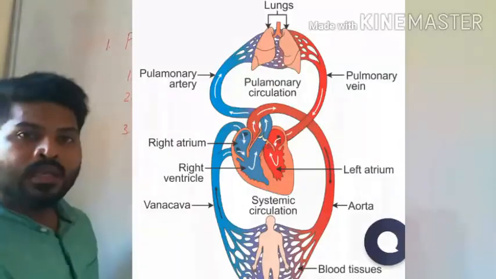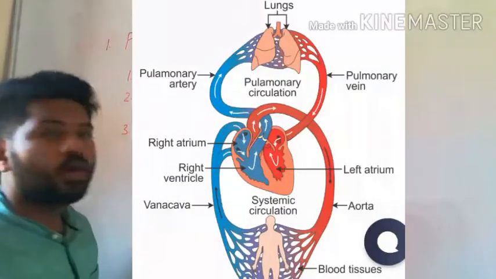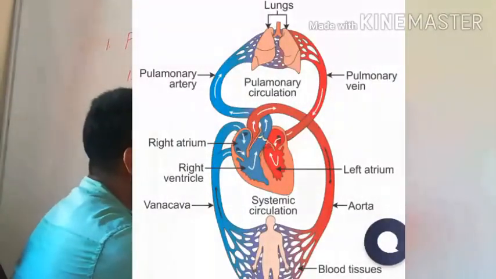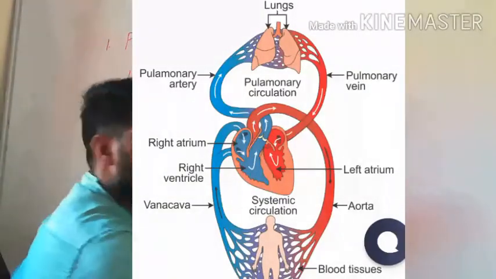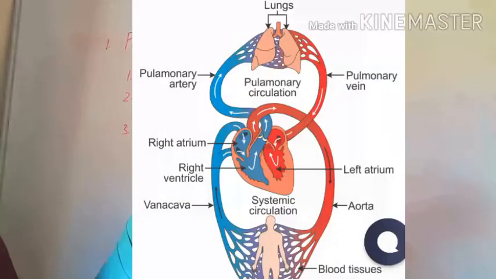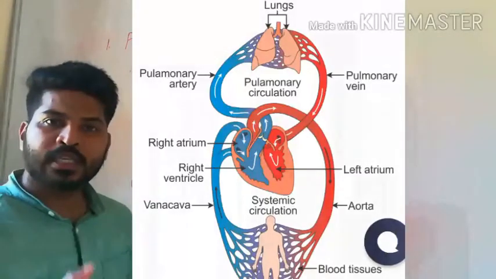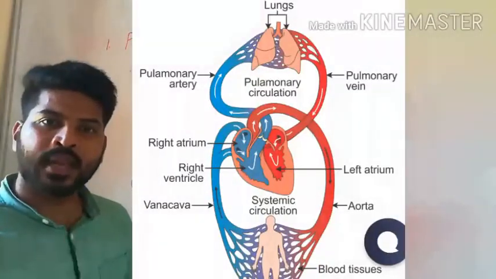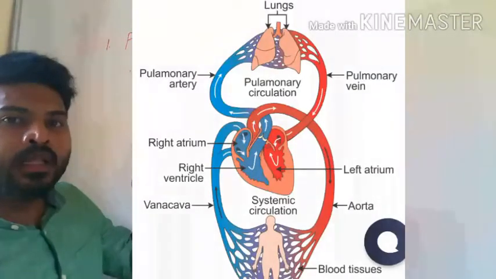From the right ventricle, blood is then carried through an artery called the pulmonary artery. Pulmonary means referring to lungs. This is the blood vessel that carries blood from the heart to the lung. In the lung, we know lungs receive fresh oxygen during the process of breathing, and we have already seen that exchange of gases takes place between the alveoli and the capillaries.